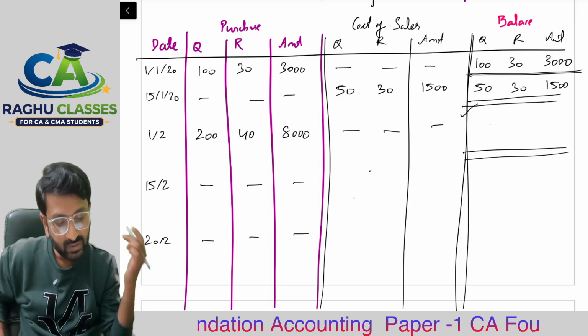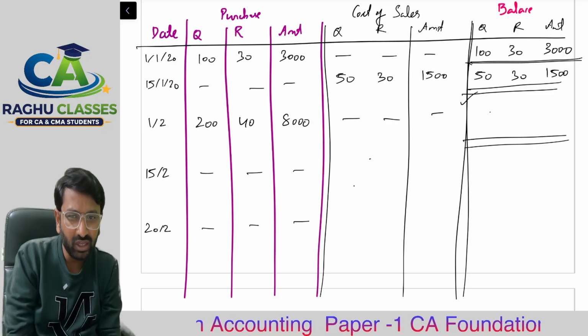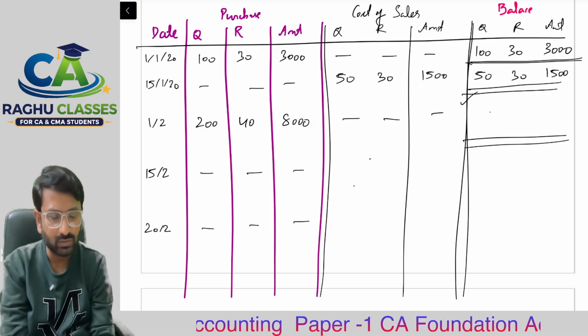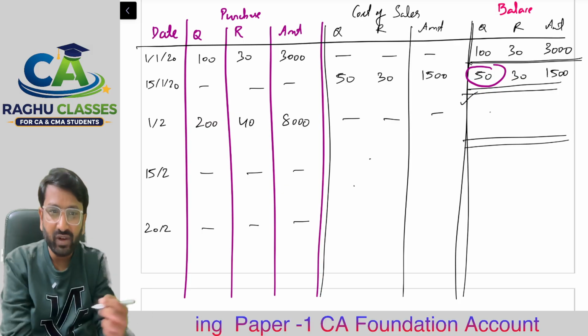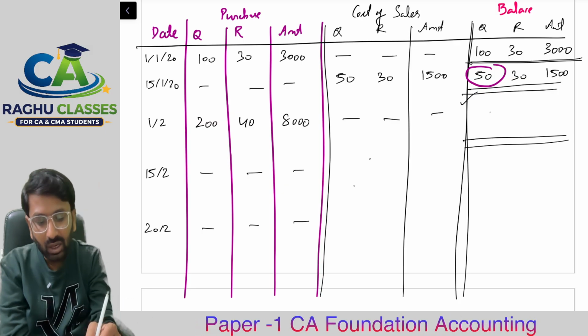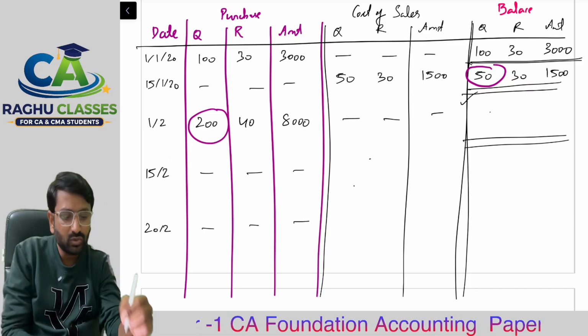See, in the third transaction, we purchased 200 quantity costing 40, amount is 8,000. Now what we'll do directly, in the balance column, already we had 50 units. Now you bought another 200 units. Now you don't maintain lot wise, you just total both.